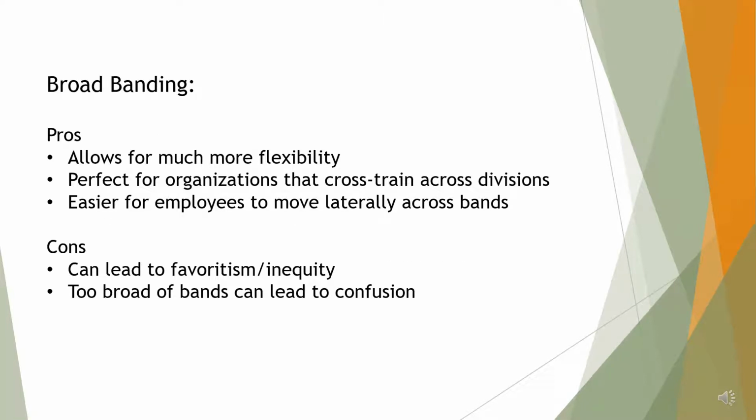So an alternative to the pay grades and ranges are broad bands, and as the name suggests, they are broader bands. So they are including more jobs within an organization. They are grouped together in a larger band. There's still a range of salaries within that band, but just as they are wider, they are taller as well. This allows for much more flexibility within the organization.